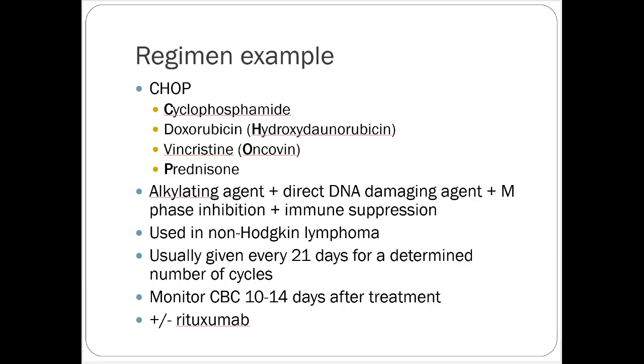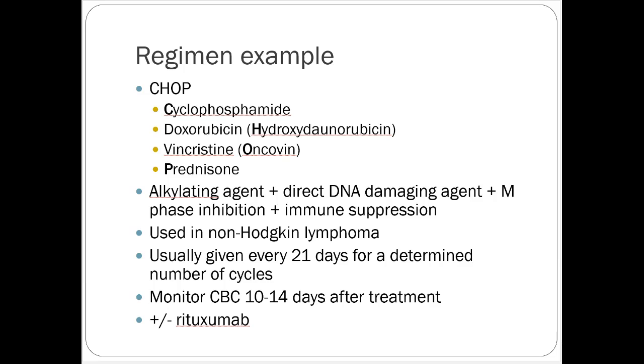Here's a regimen example. This is called CHOP, which is a historically famous regimen. It's cyclophosphamide, doxorubicin, which has a more scientific name, hydroxydaunorubicin, but we call it doxorubicin as a generic name. But the H, that's where that comes from. Vincristine is brand name Oncovin, which is where the O comes from. And P is prednisone.